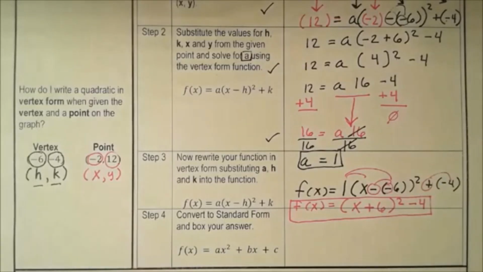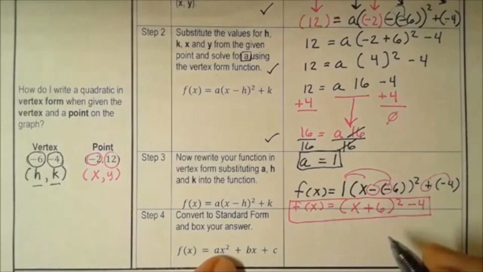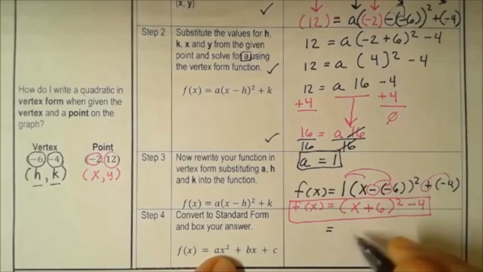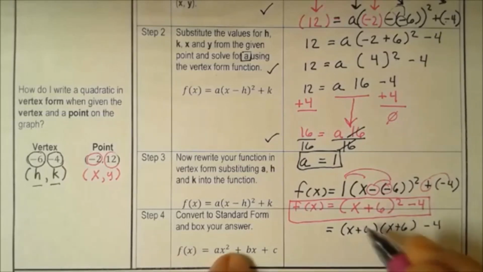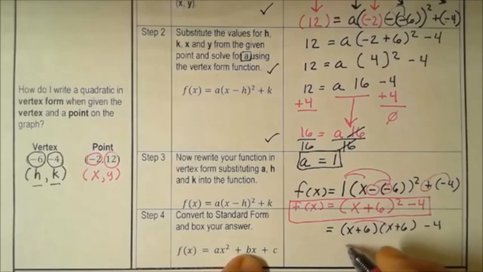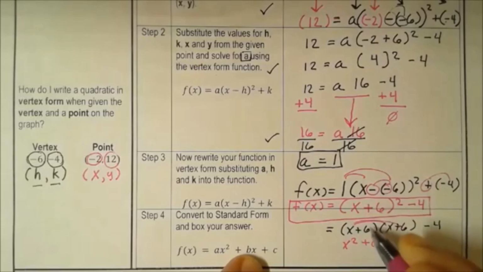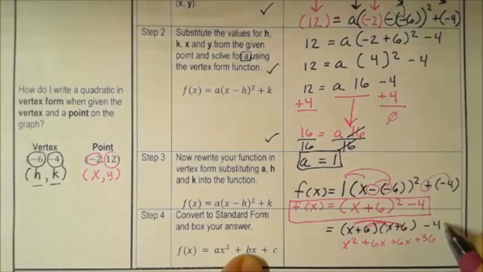Now, step 4, we're going to go ahead and convert this to standard form, because I do want you to practice this. I've already showed you this before, but we do want to practice converting this back to standard form. So if I were to take this and convert it to standard form, we have x plus 6 times x plus 6 minus 4. And if I distribute, x times x gives me x squared, x times 6 gives me plus 6x, 6 times x gives me plus 6x, 6 times 6 gives me positive 36, and then we bring this 4 down, it's minus 4.